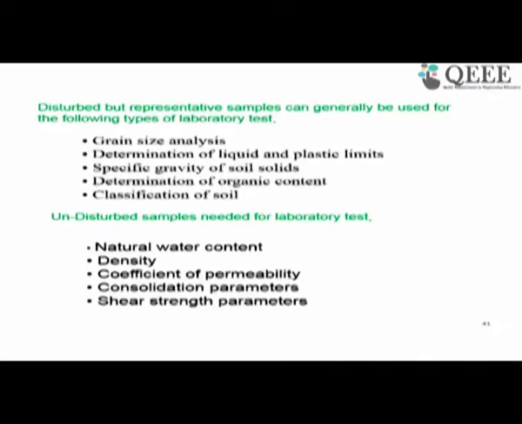But you need an undisturbed sample for specific tests like natural water content, density, coefficient of permeability, consolidation parameters, and the shear strength, which is the most important in soil mechanics. So these important tests need an undisturbed sample for testing in the laboratory. That means in addition to the boring or drilling investigation, sampling becomes very important.